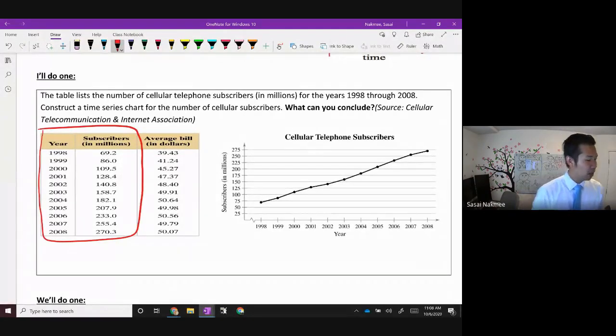Which, by the way, in 1998, not a lot of high school kids had cell phones. In fact, I was a freshman in high school in 1998, and I don't remember anyone having a cell phone my freshman year.